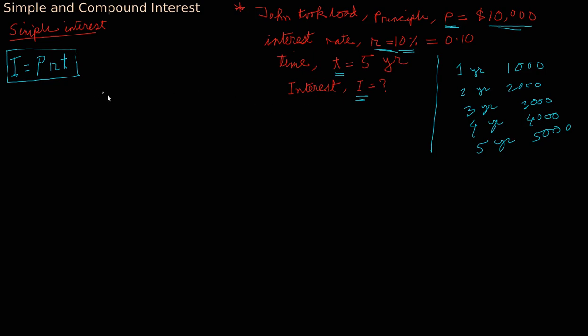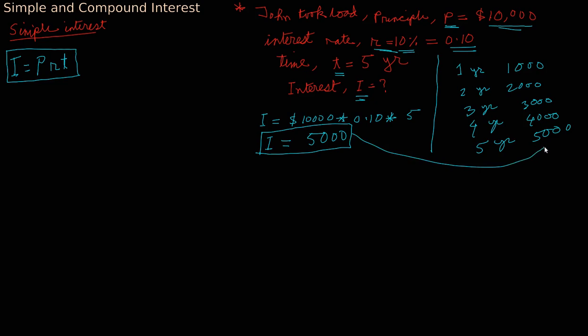If I put in all these values, my I becomes P, which is 10,000, multiplied by R, which is 0.10 expressed in decimal, and T is 5 years. If you punch it in the calculator, you find that it is $5,000. That is the amount of interest you have to pay back after 5 years, exactly the same amount we got here. This is called simple interest.